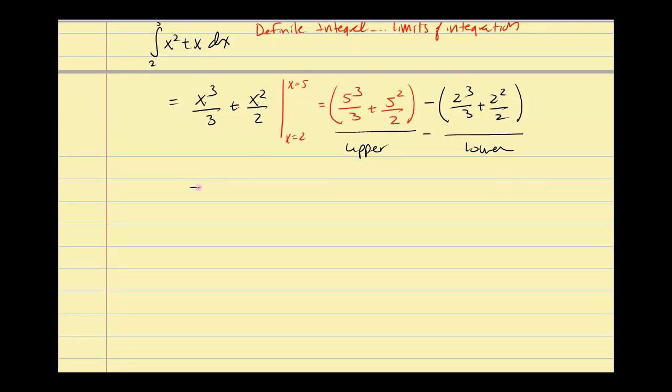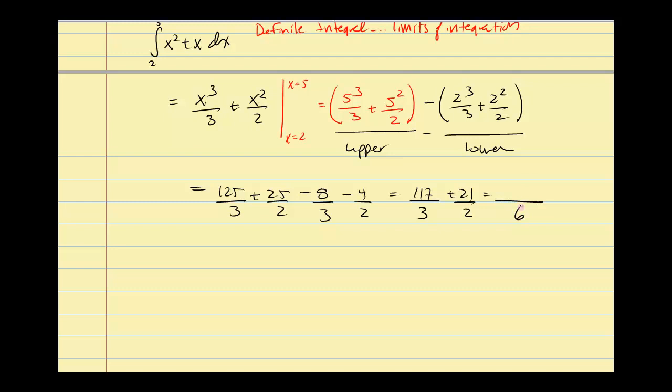So simplifying here, we end up with 125 over 3 plus 25 over 2 minus 8 over 3 minus, a negative, or sorry, minus a positive is the same as a negative 4 over 2. So simplifying, I have 117 over 3. 125 minus 8 is 117 over 3. 25 halves minus 4 halves is plus 21 halves.